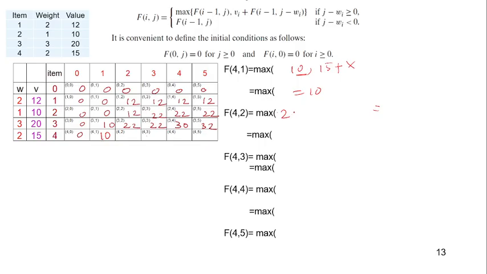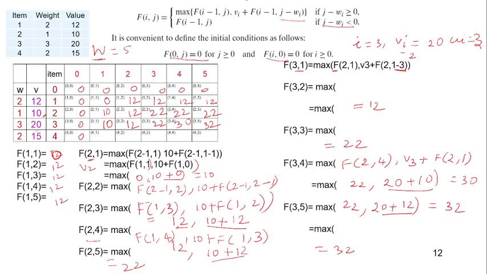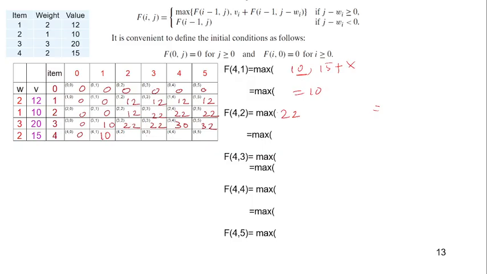4 comma 2, previous value 22. Sorry, oh, it is 12. I only made a mistake. We have calculated this, it is 12. Sorry, so here you should put 12.